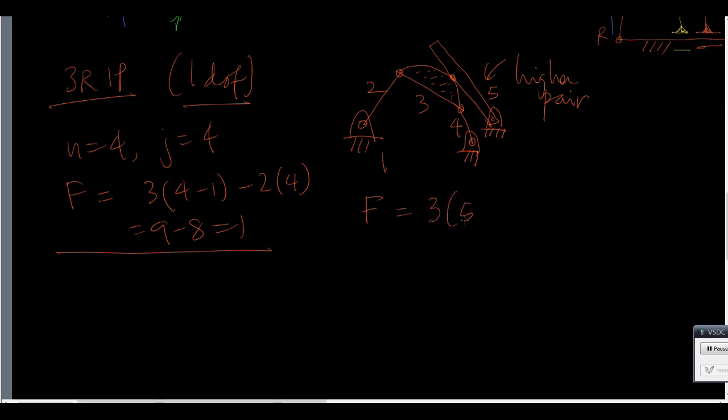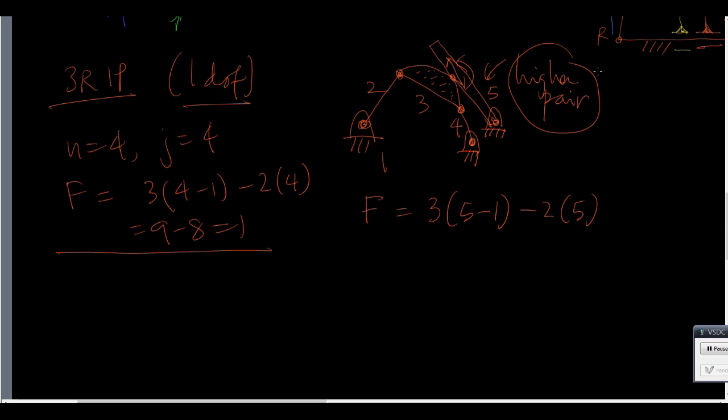3 times 5 minus 1. How many pin joints are there? How many lower pairs are there? 1, 2, 3, 4, 5. So minus 2 times 5. But the higher pair actually has a sliding degree of freedom and a rolling degree of freedom.